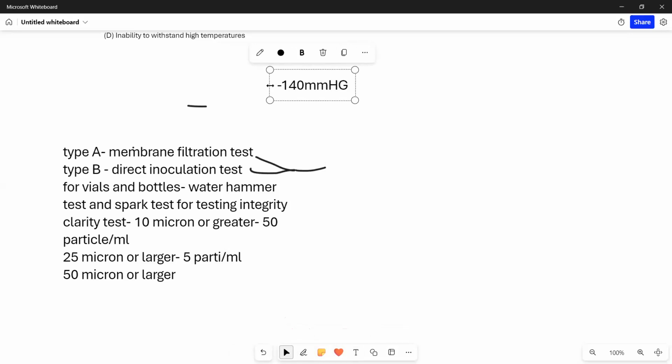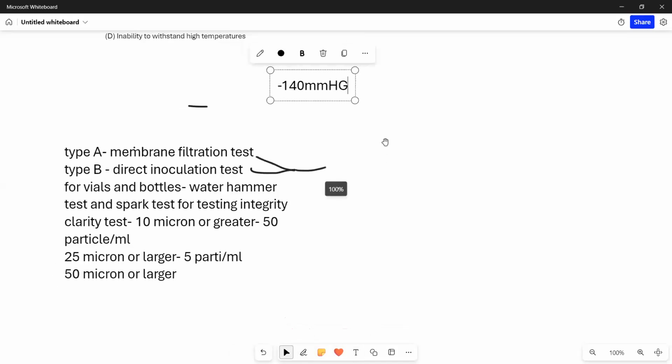Now let us have some MCQ discussion related to parenterals. Let me frame one MCQ for you guys. Let's see how you answer it.